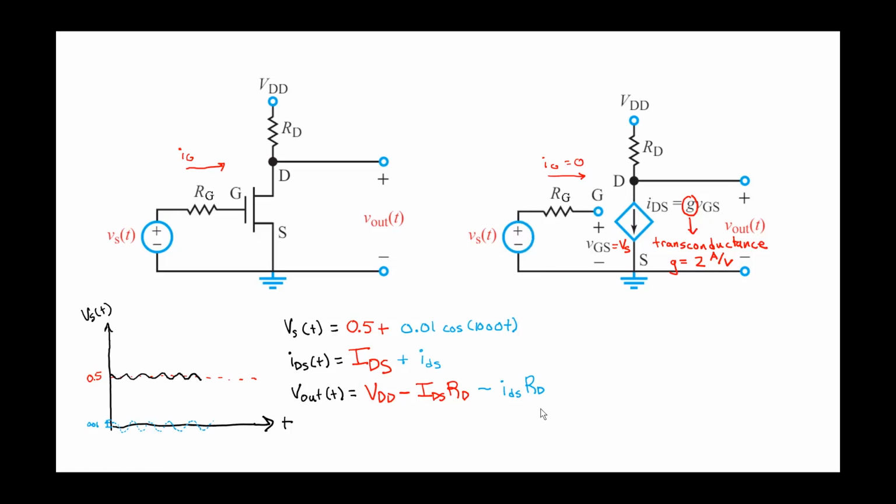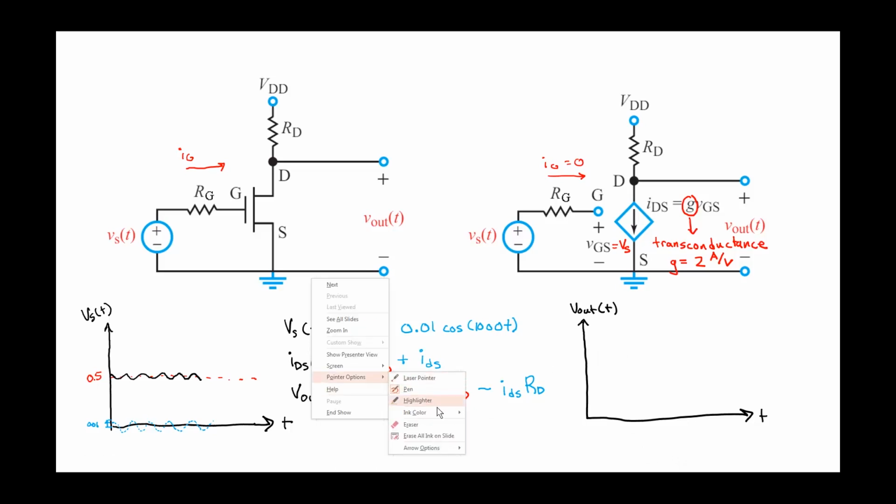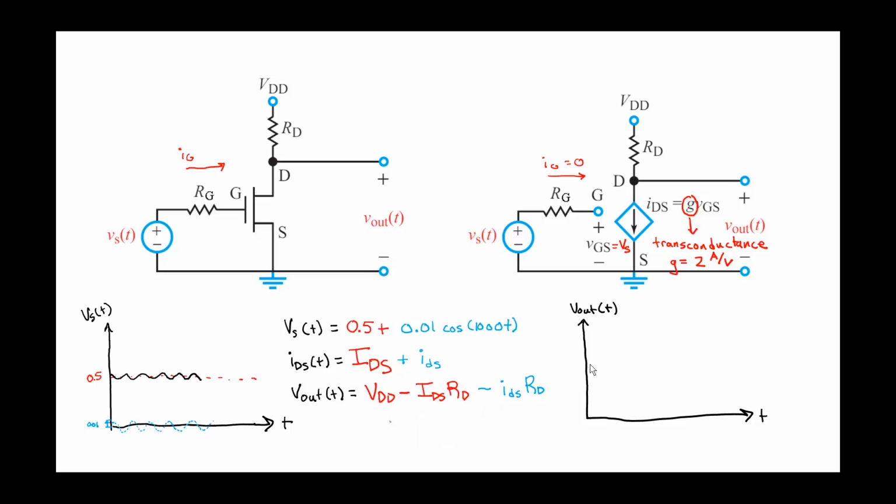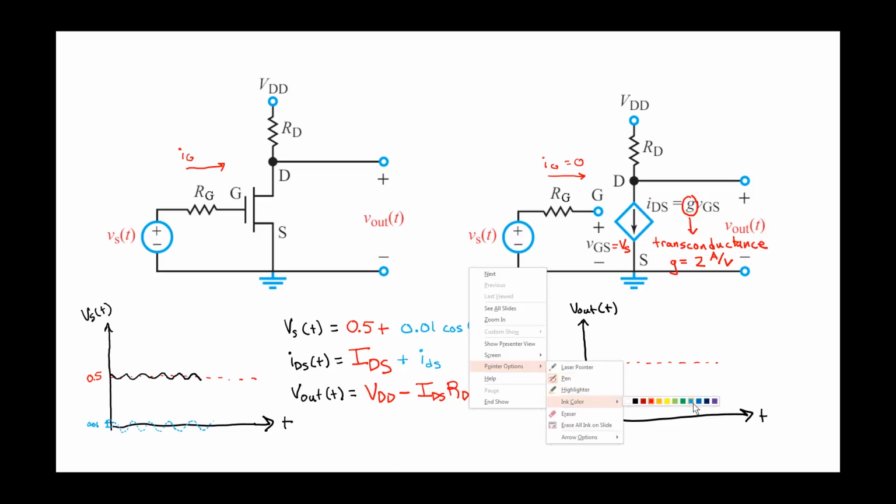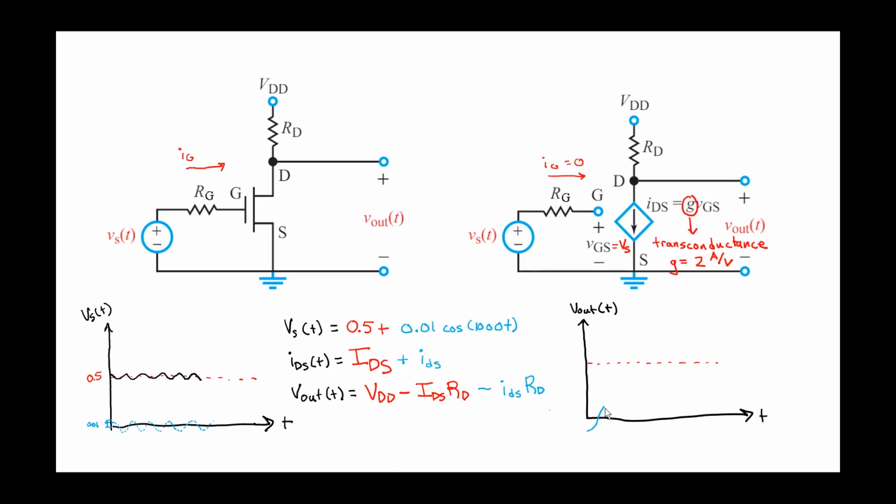All right, so let's plot V out of t. Okay, so V out of t has this DC component right here. This DC output voltage level, which is VDD minus IDS RD. And there's this minus ids RD. So that probably looks something like this. And there's a little bit of gain.